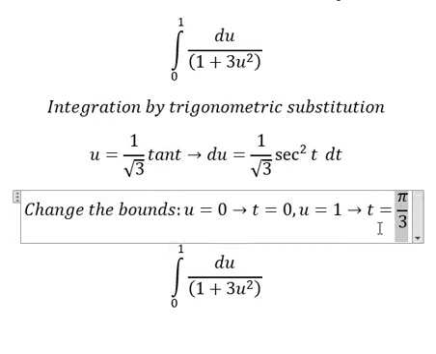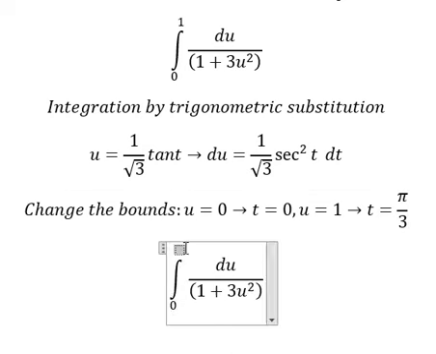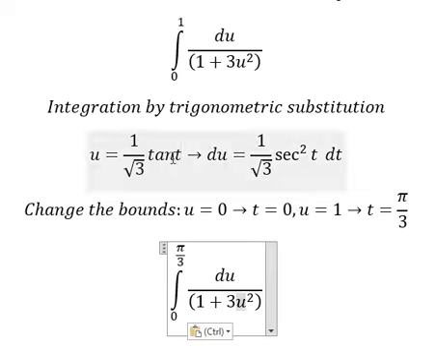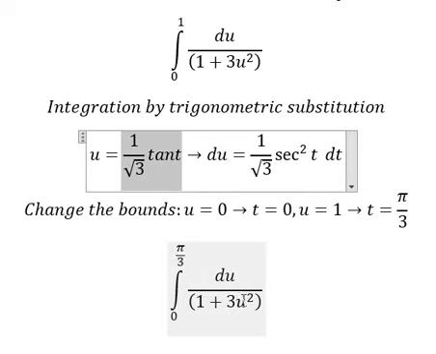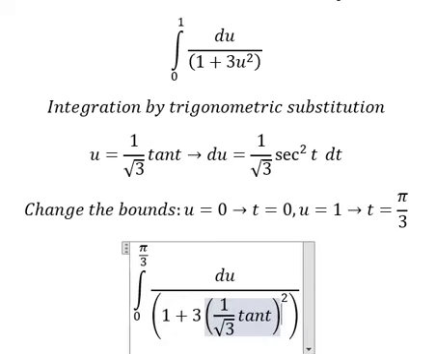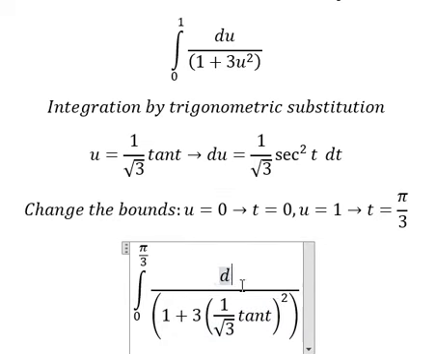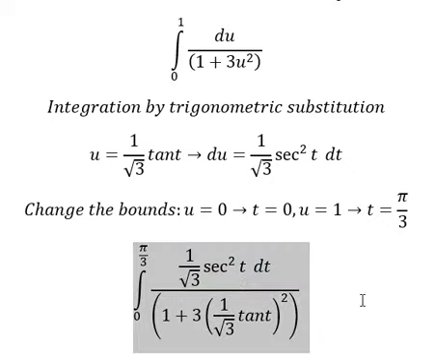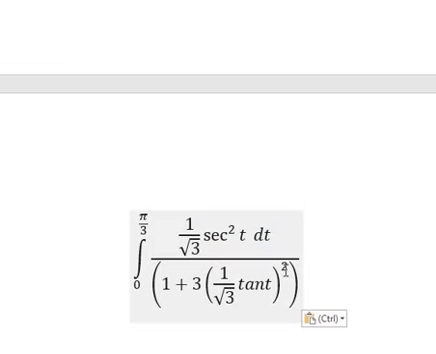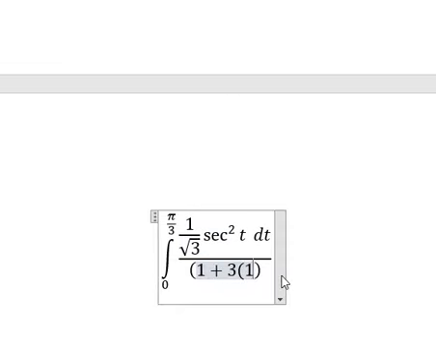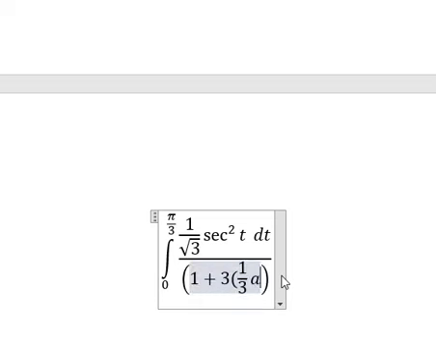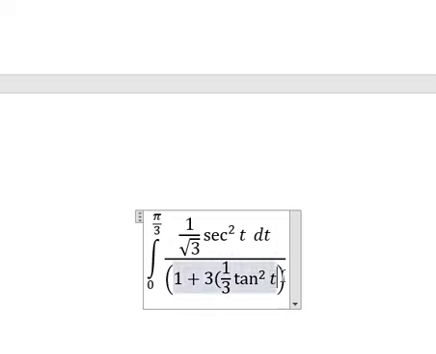So I will put this one in here. This one is about this one. Du is about this one. So this one is about 1 over 3 tan t squared.